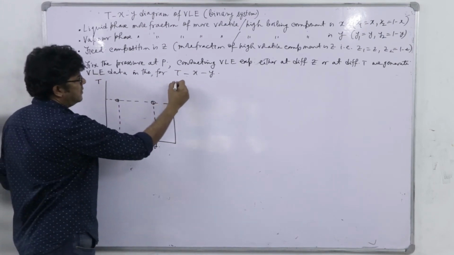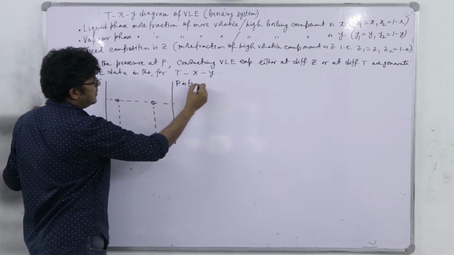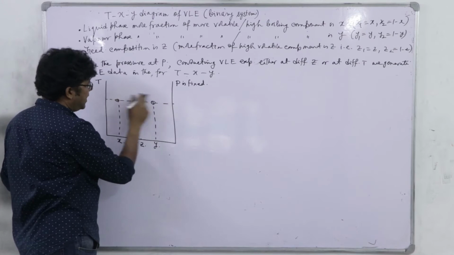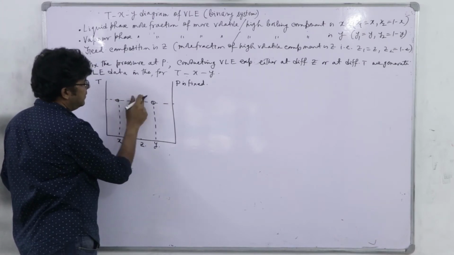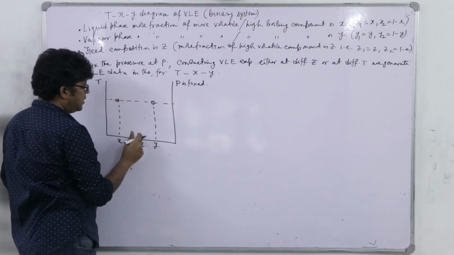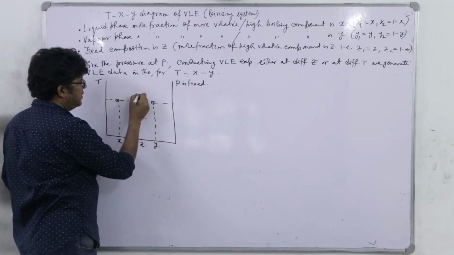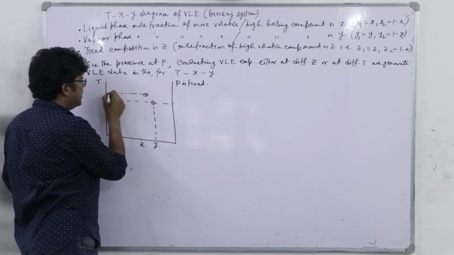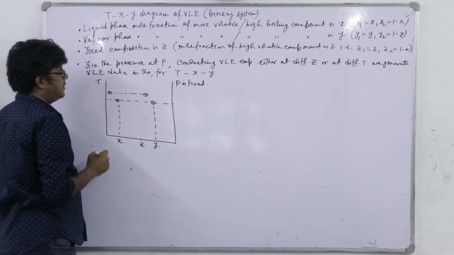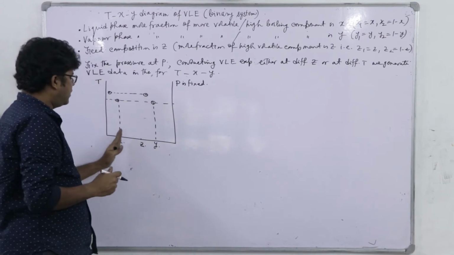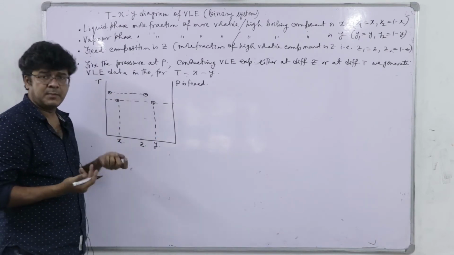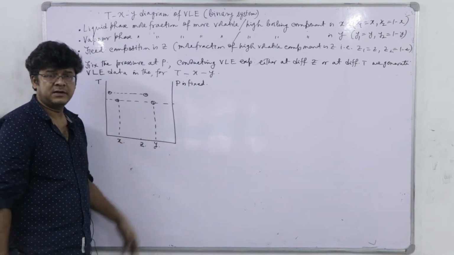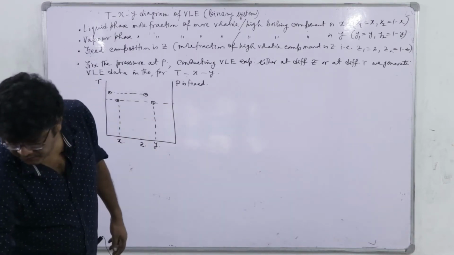Pressure is fixed. Now, if I change the temperature a bit, provided the two phases exist, we can again generate this here. So it will split again into X and Y, right? Or we can go on changing Z and keep the temperature fixed, and from there we can also generate different data points.